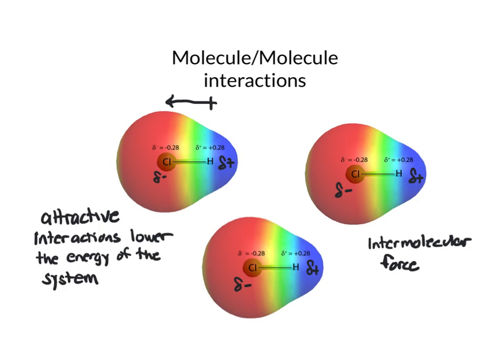We sometimes abbreviate this as IMF for intermolecular forces. This example that we've just looked at is one particular type of intermolecular force, and we call this a dipole-dipole interaction because it is an interaction between two dipoles. So clearly molecules that have dipole moments can interact with one another.